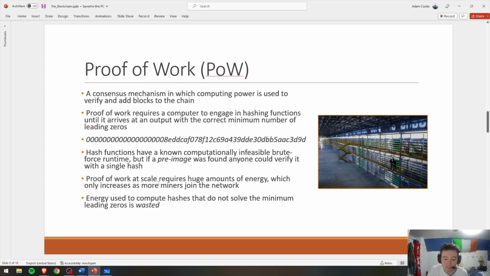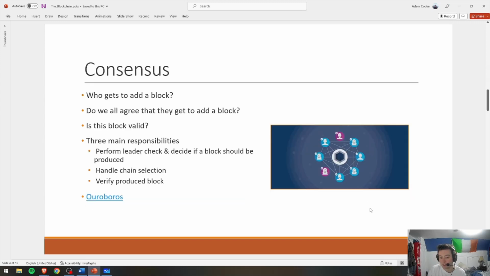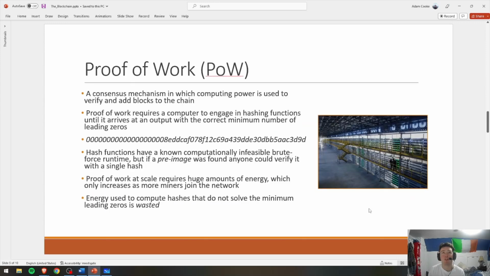So proof of work at scale requires huge amounts of energy, which only increases as more miners join the network. Everyone is trying to compute, and because you have the property of adding the previous hash to your block, every time a new block is produced, you have to change the data that you're inputting into the hash function because it's required to be part of the block.